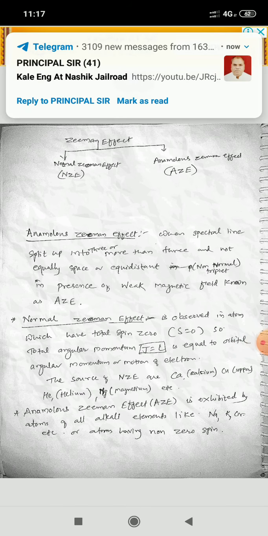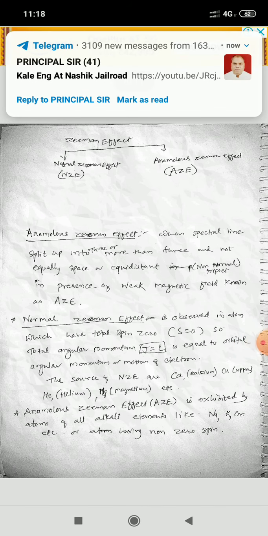Before this video, we have seen the videos of Zeeman effect, or the atoms in magnetic field, how the atoms behave in magnetic field. In this case, there are two types of Zeeman effect, which we generally know: normal Zeeman effect and anomalous Zeeman effect.